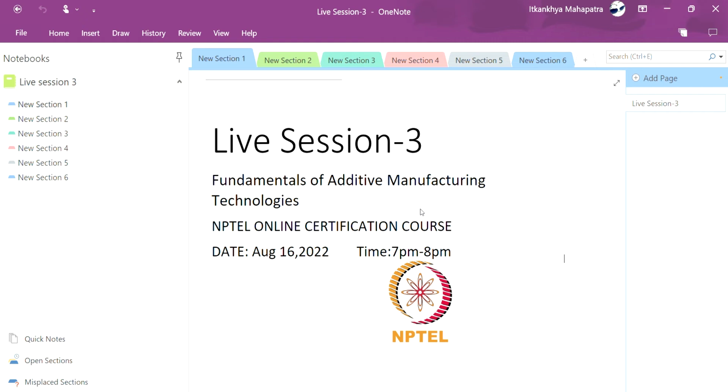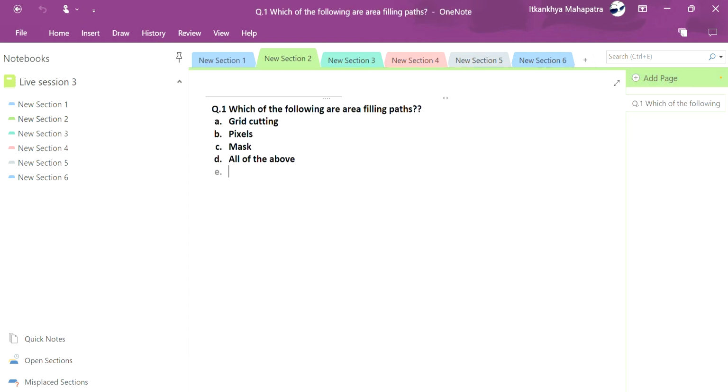Okay, I'll be very glad if all of you answer these questions. Which of the following are area filling paths? Grid cutting, pixels, path, mask, all of the above.